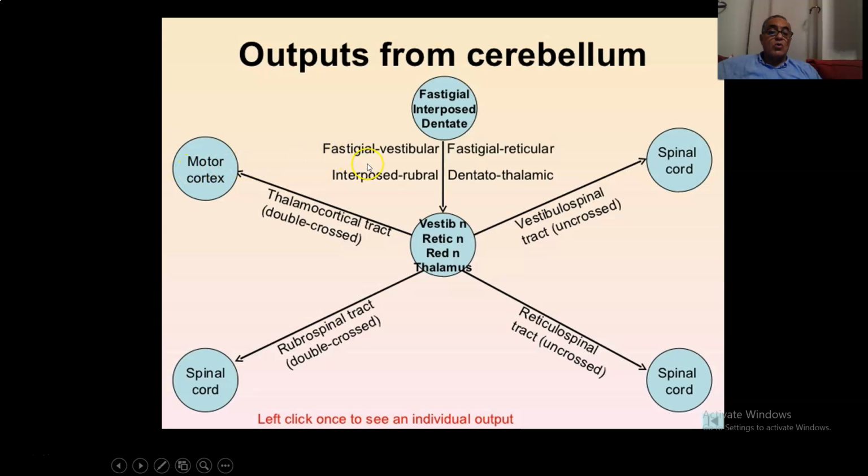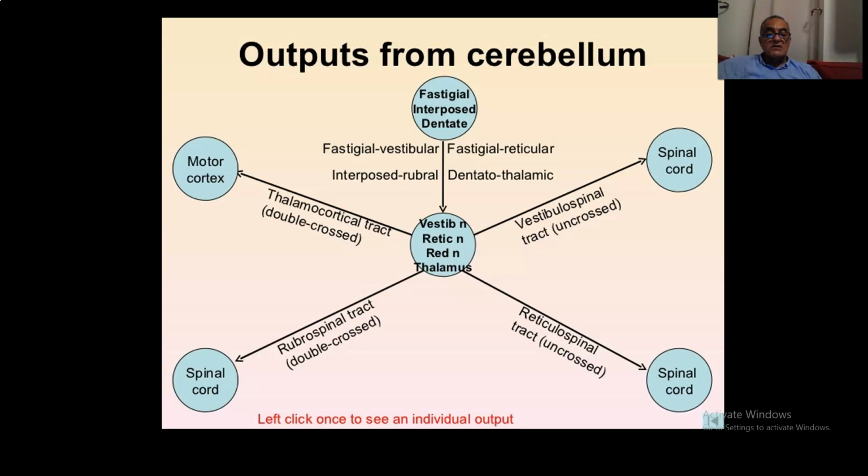But the cerebellum also gives an output to the vestibular nuclei so they can reach the spinal cord via the vestibulospinal fibers. Also to the reticular nuclei, reaching the spinal cord by the reticulospinal fibers. And also the red nucleus, reaching the spinal cord by the rubrospinal fiber.